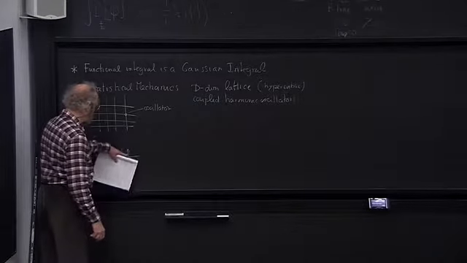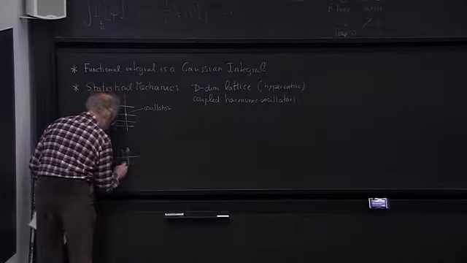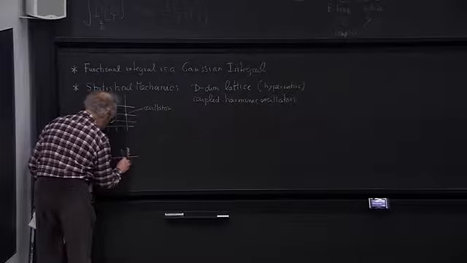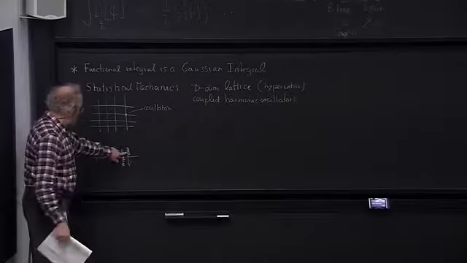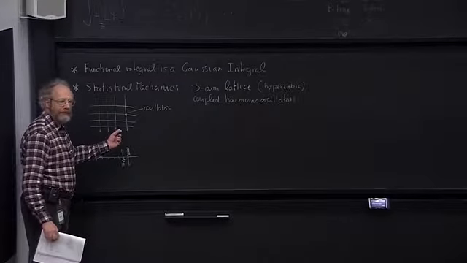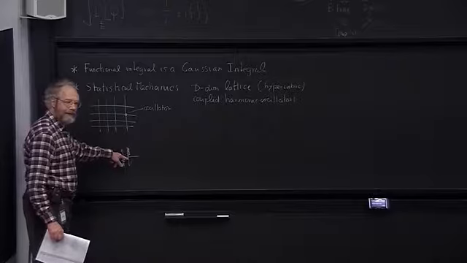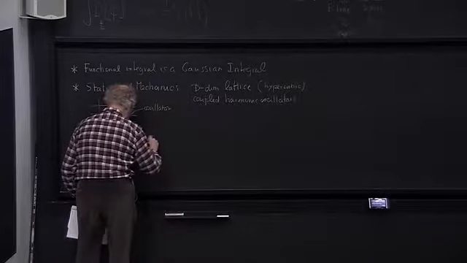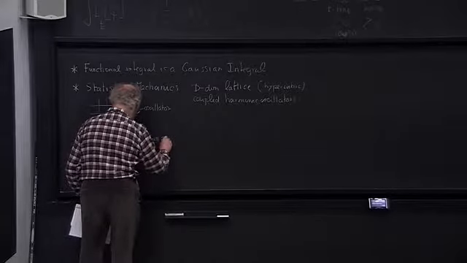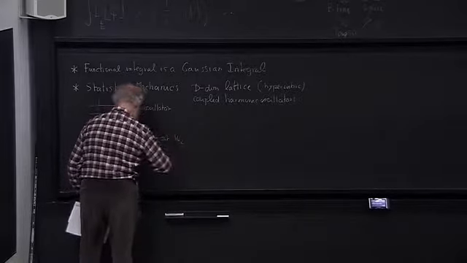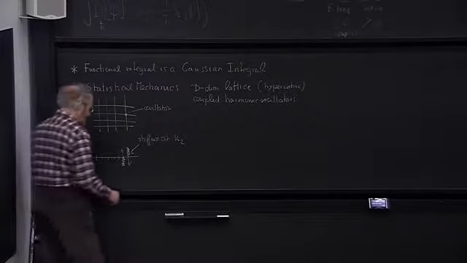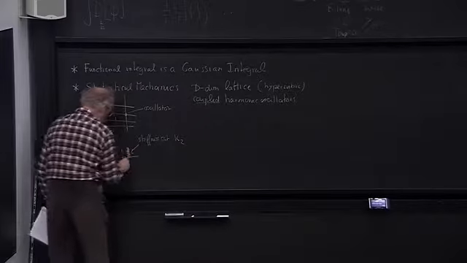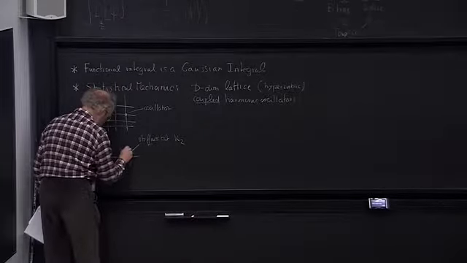You have a spring here, and the spring has some stiffness constant in this direction. Here you have a stiffness constant that I'm going to call K2. It's local. And in addition, you assume that those oscillators are coupled in a linear way, so it means that you have additional springs.